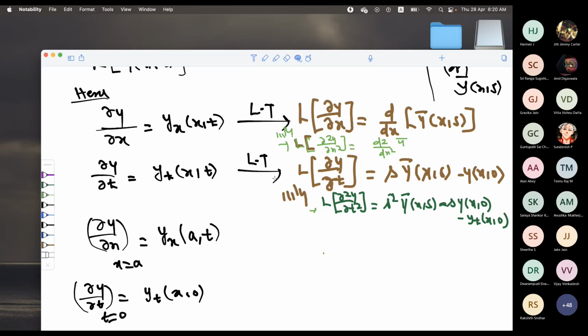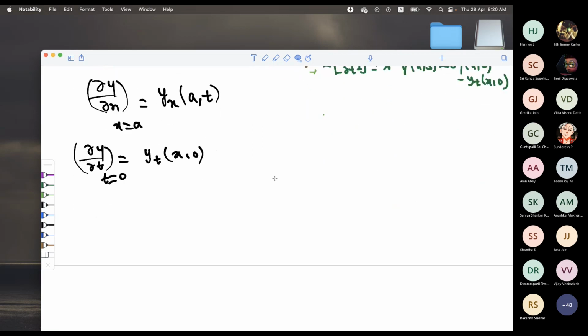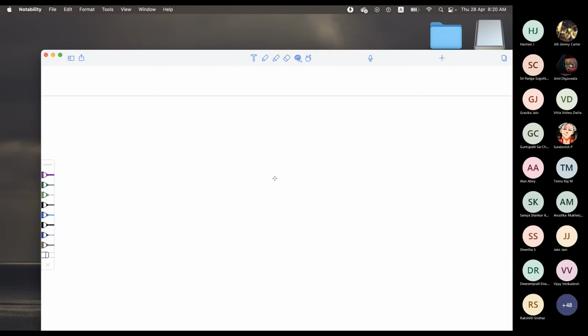Now we are going to check with this. Okay, so boundary value problem. Consider the boundary value problem.